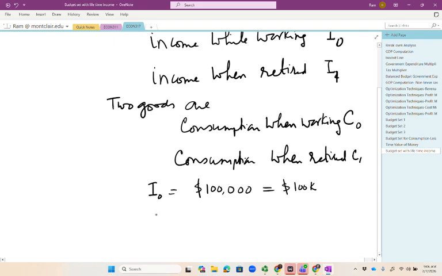And also the agent has made savings, contributed to the social security and other retirement plans, such that the amount available for consumption when retired turns out to be $120,000.